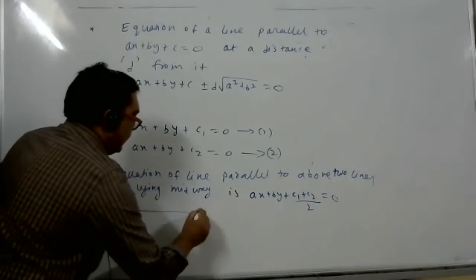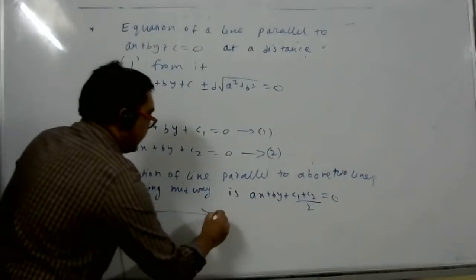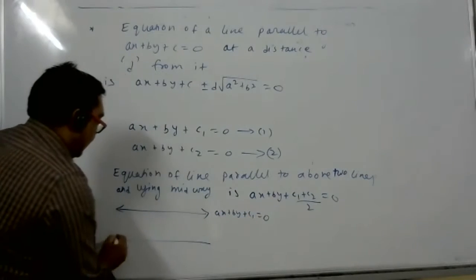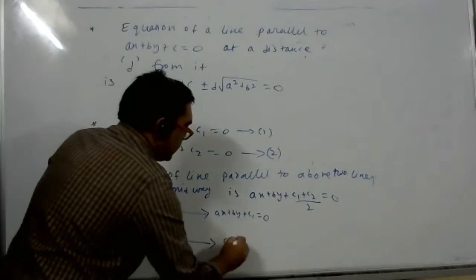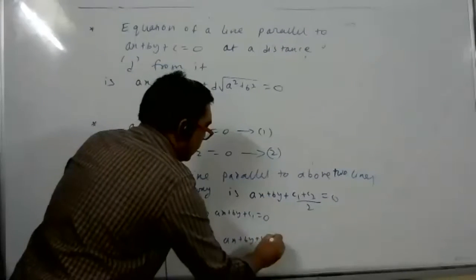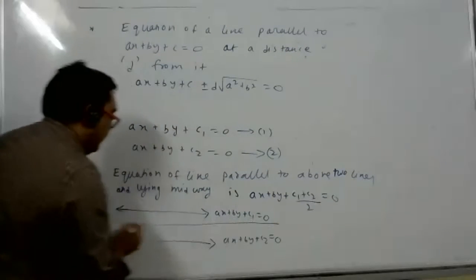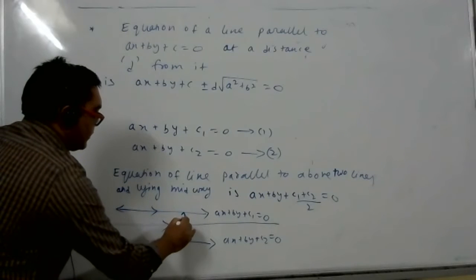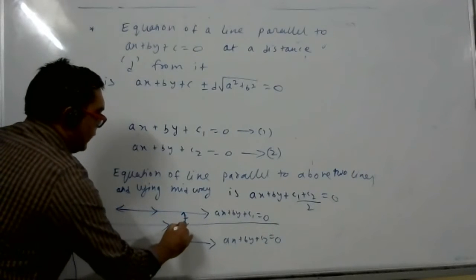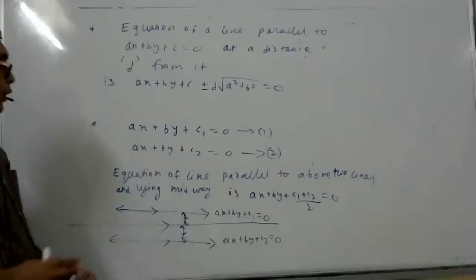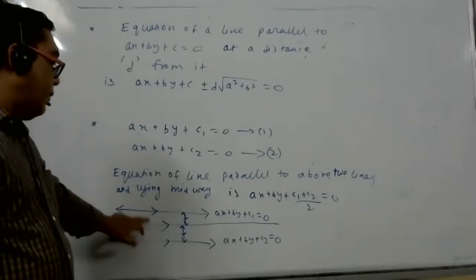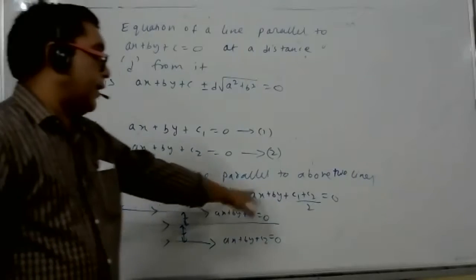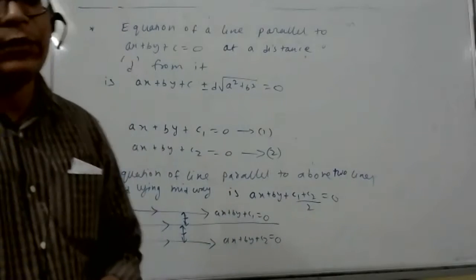Suppose this is one line, AX plus BY plus C1 is 0. This is the second line, AX plus BY plus C2 is 0. So what is the equation of the line which is parallel to both lines and lying midway? This distance is the same. I think you have to understand the meaning. Equation of the line lying midway between the above 2 lines and parallel to the above 2 lines. So the answer is AX plus BY plus (C1 plus C2) by 2.